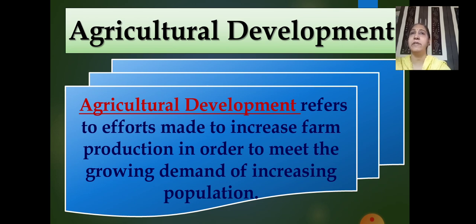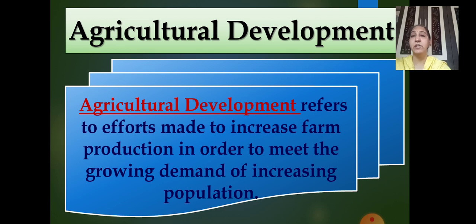Agricultural development refers to the efforts made to increase farm production in order to meet the growing demand of the increasing population. See why this agricultural development is essential, right? We know the population is ever increasing, right? Similarly, the demands of the people also increase at a very fast scale.